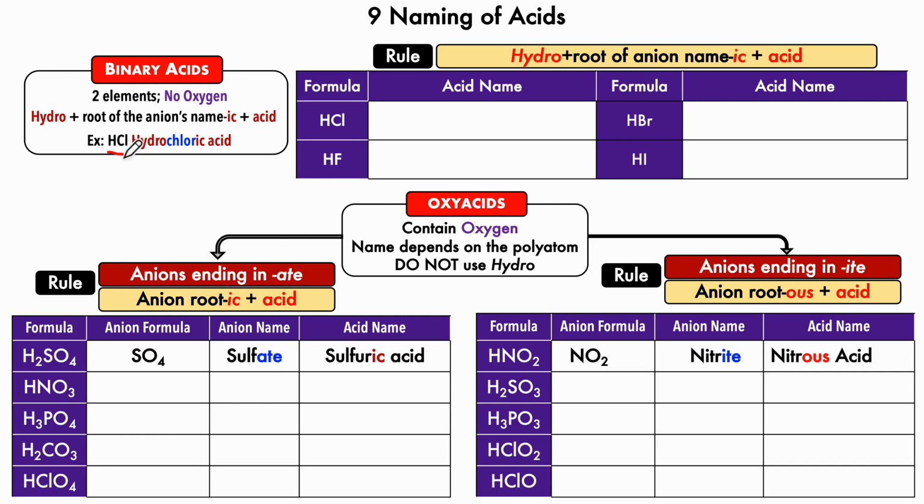Since it's a binary acid, we start the name with hydro and add the root of the anion's name ending in "ic". The anion is chlorine, which becomes chloric, ending in acid. So that is the name of HCl, hydrochloric acid.